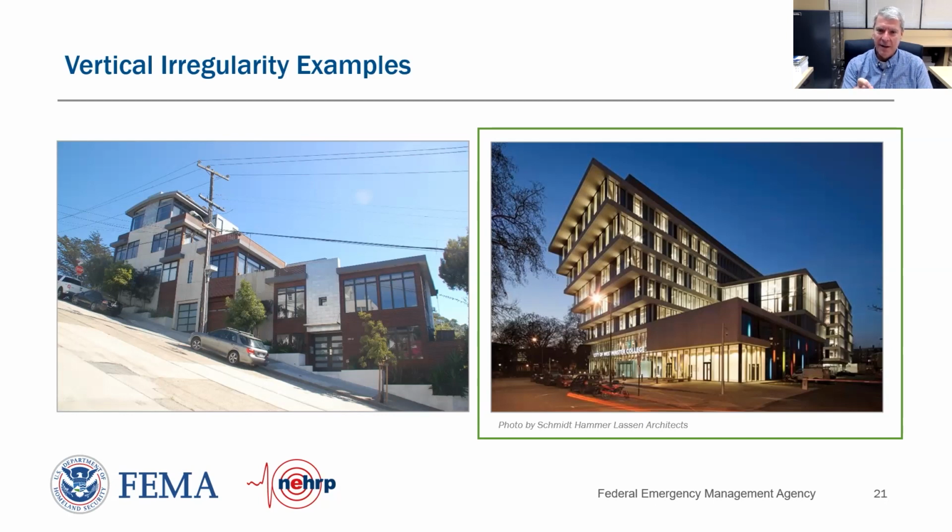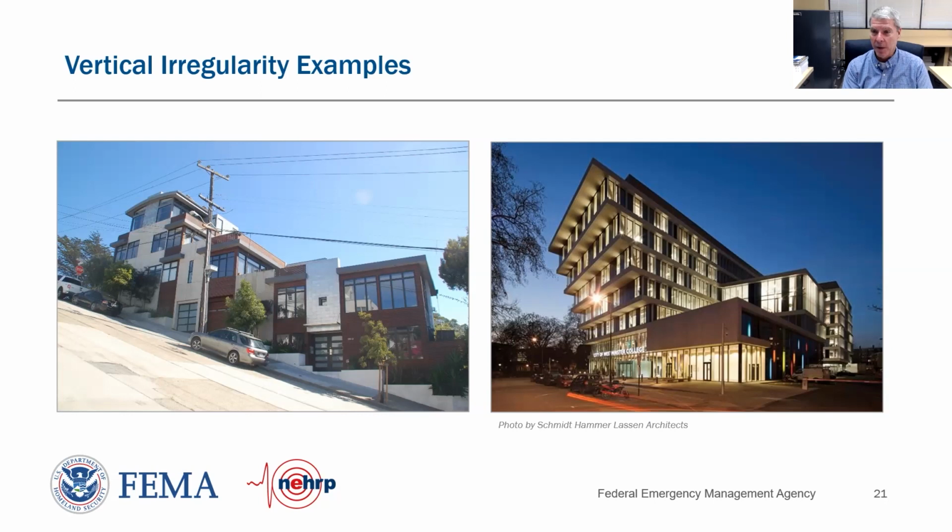So let's say it has a severe vertical irregularity and also has a moderate vertical irregularity. We don't score both. We only take the worst condition, which in this case is severe, and that's the only score that we use when we score the building. So it's illustrative of how we account for vertical irregularities.